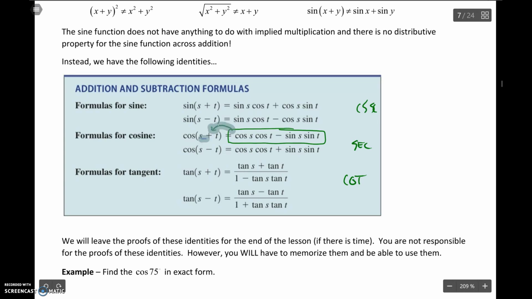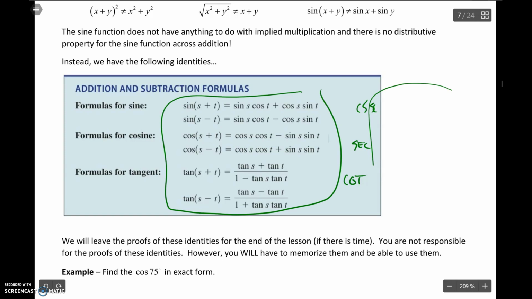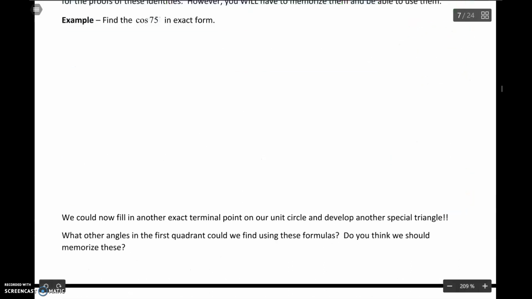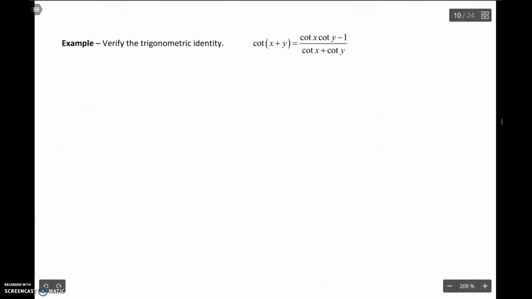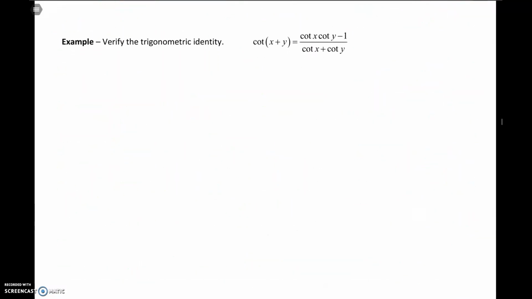So you might think it's bad that you have to memorize these six, but there could be six more. We could give you a total of 12. But we don't really need to memorize these because we can use these to calculate those. So this is an example of that. This is the cotangent sum-of-two-angles identity.